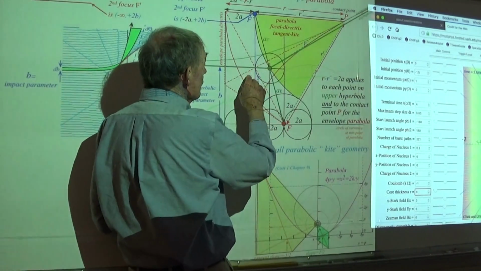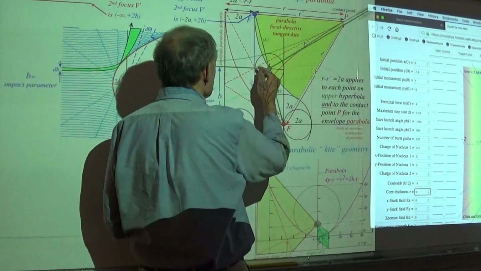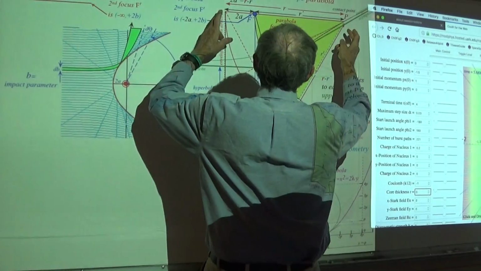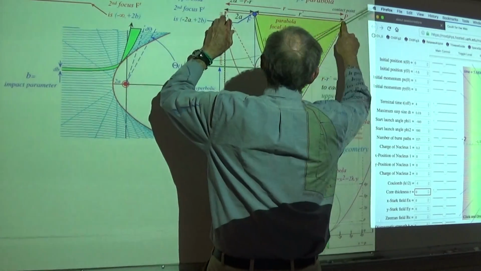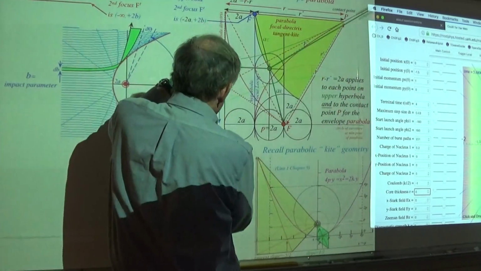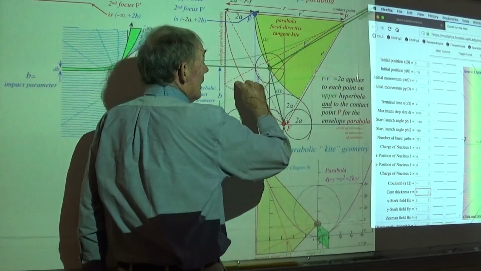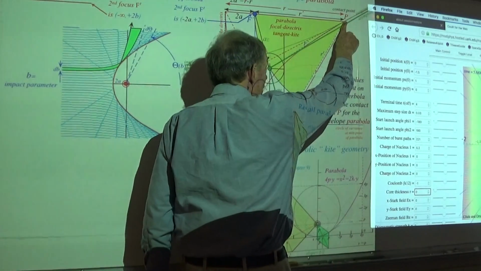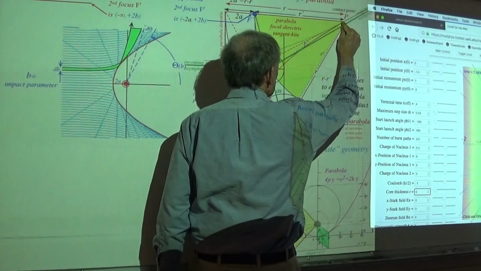Once you've found this thing where it intersects, and then have a certain point associated with a line from here to there, that's just double this, and you then can construct the line that's the center of the cut, and that will be the tangent that's hitting this particular envelope. There's the contact point.